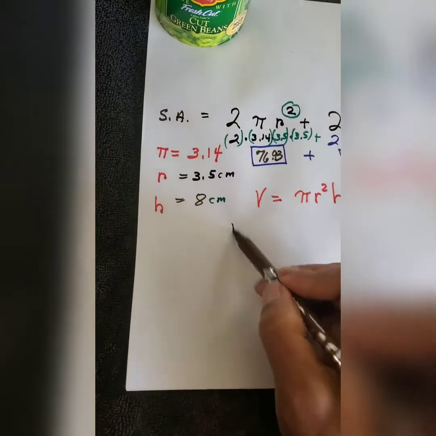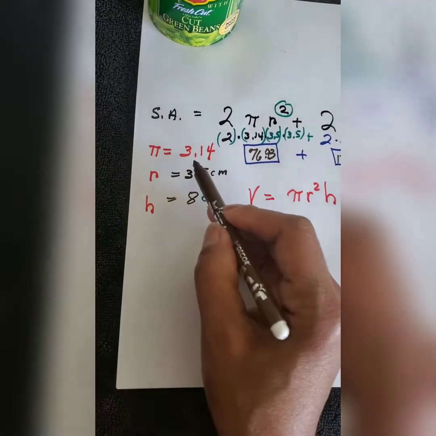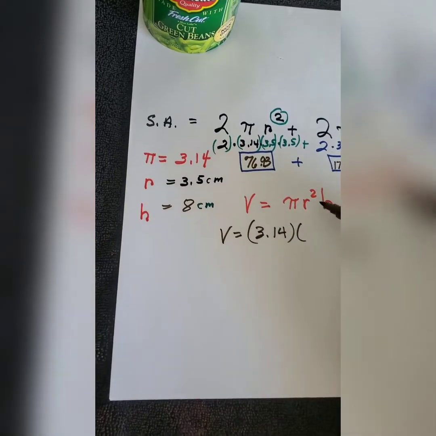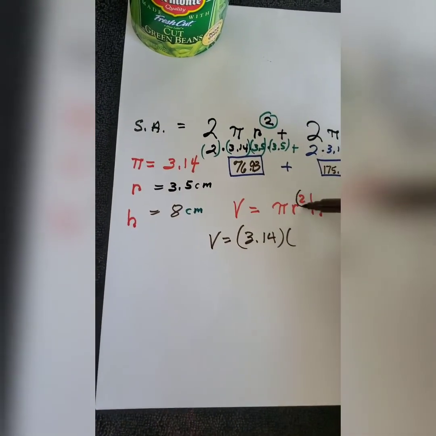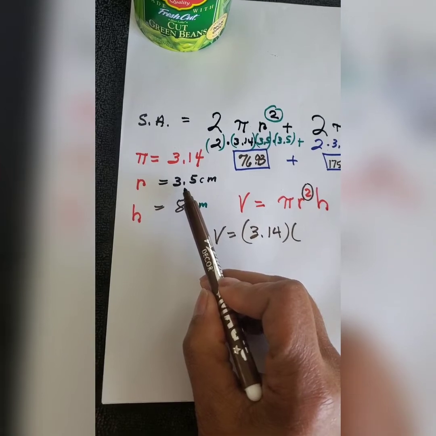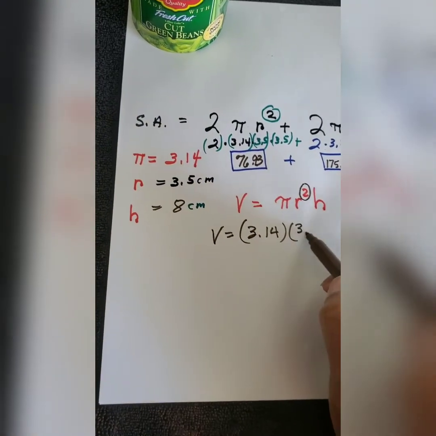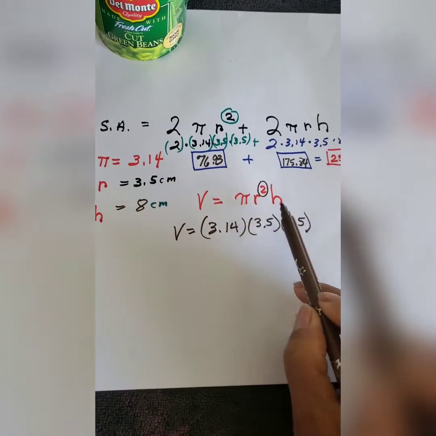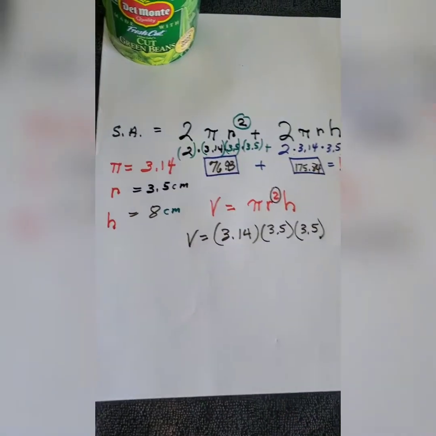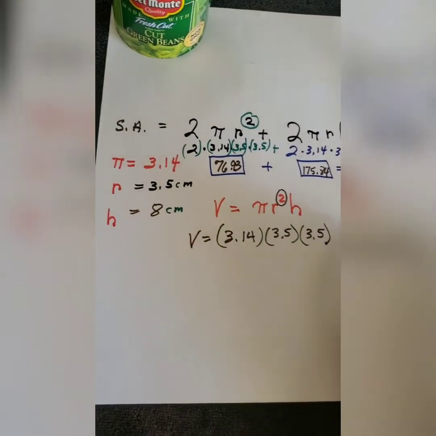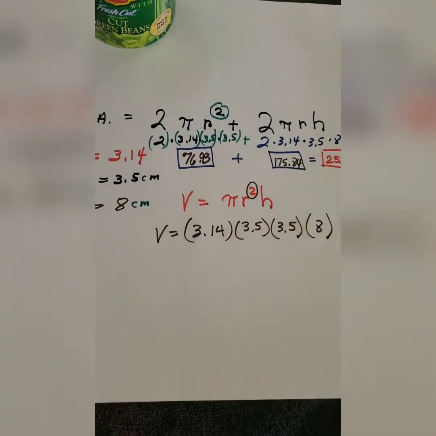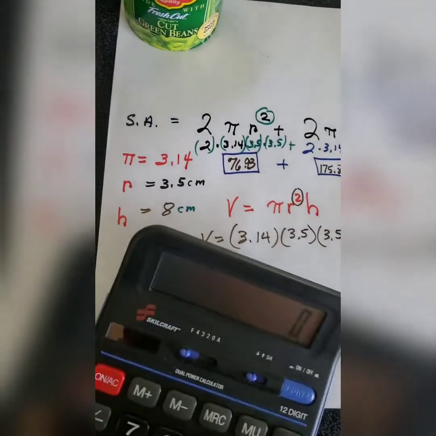Okay? So volume is equal to pi. Pi is 3.14 times r squared. Remember, this square means 3.5 times 3.5. And then h is my height. H is my height, 8 centimeters. Okay? All right. So we got our calculator here.